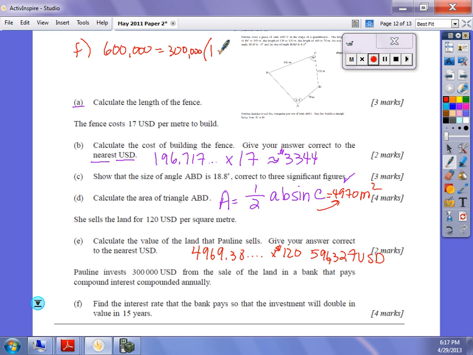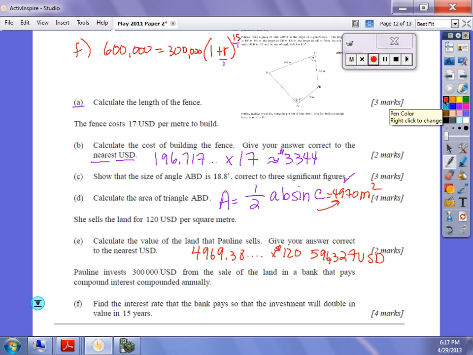So we've got 1 plus the rate. Let's see. What are we figuring out? We're figuring out the interest rate. So we've got 1 plus the rate. She's going to be investing for 15 years. And since it's compounded annually, you can kind of imagine that there's an imaginary 1, but we don't need to write that.